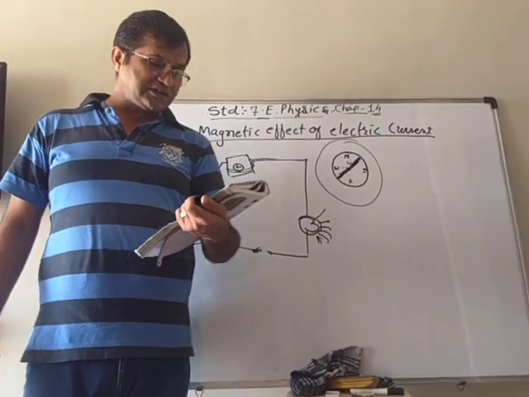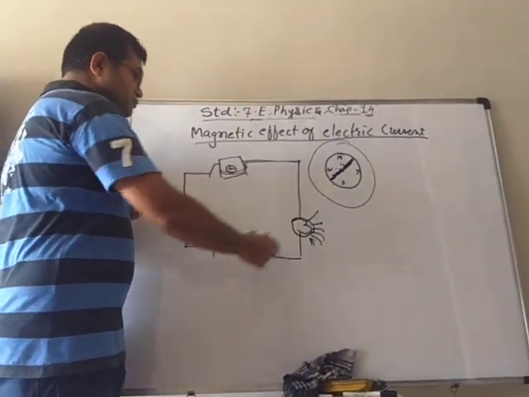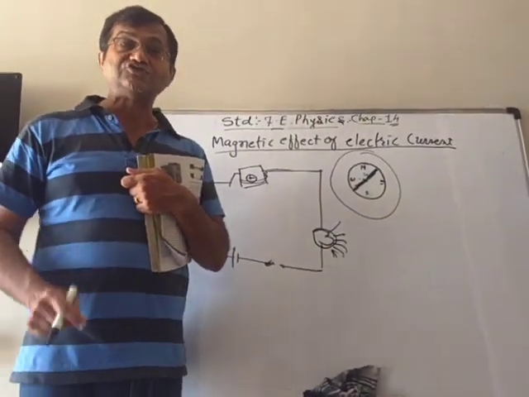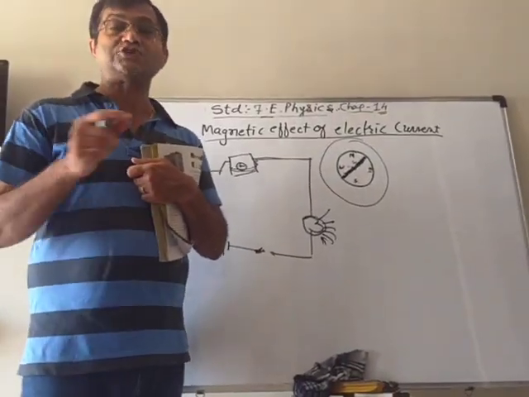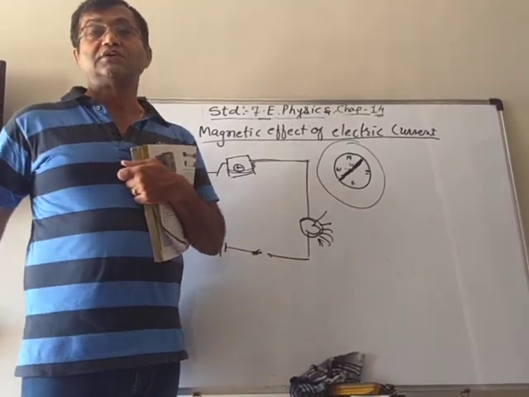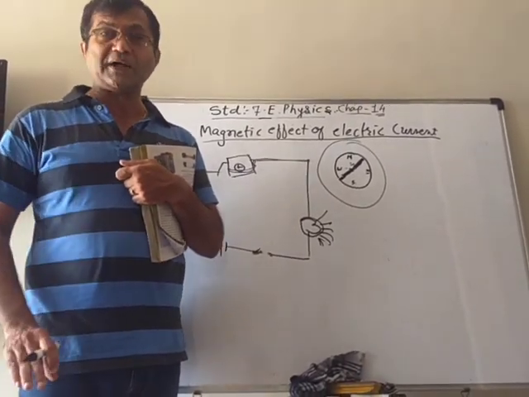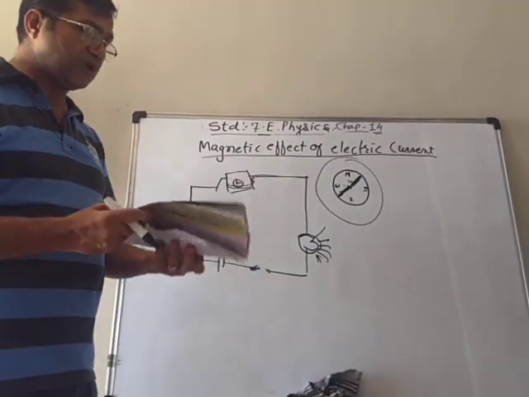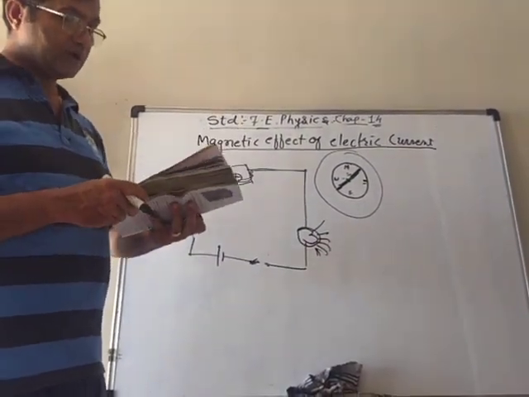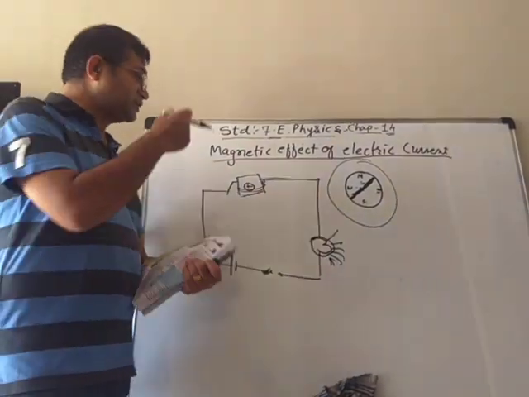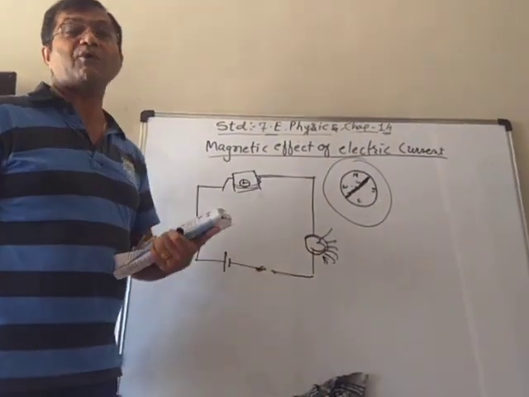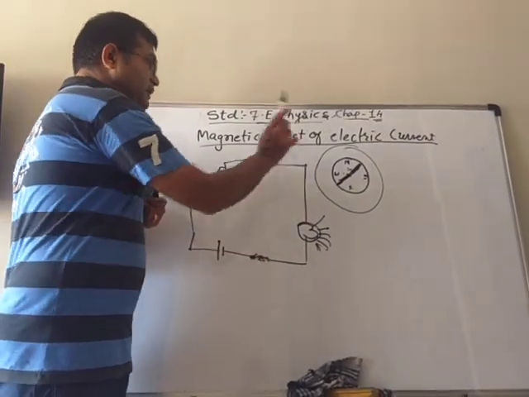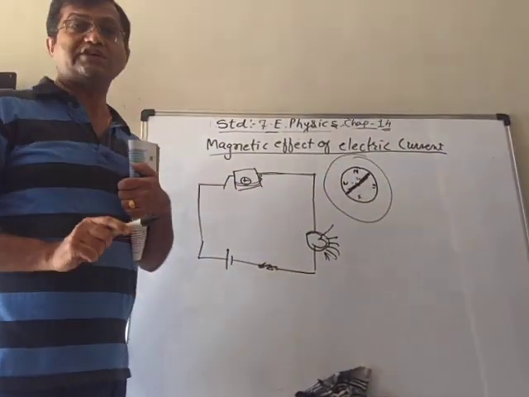So here you can see that the wire acts as a magnet only when the switch is on, means power is passing through it. As soon as you switch off, current will not pass through, and at that time the magnetic needle will be at its original position. You can repeat that experiment many times. Every time you will see that when the switch is off, the magnetic needle is at its original position.